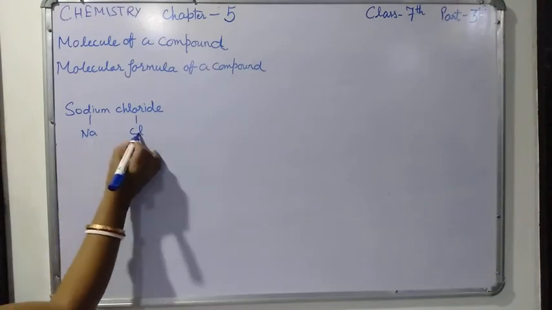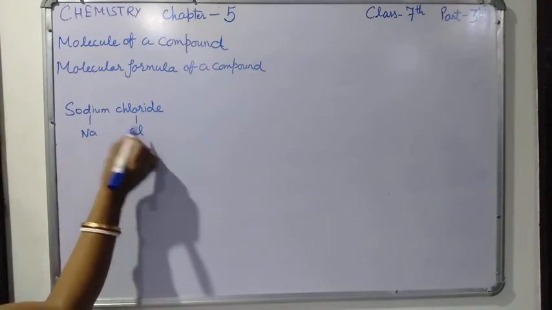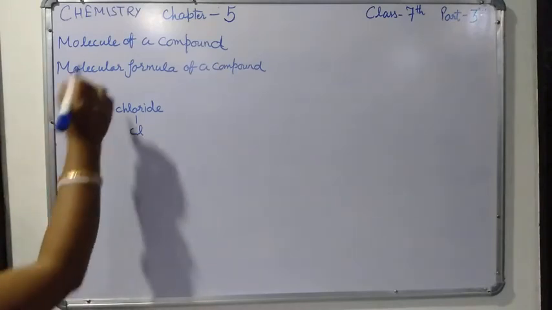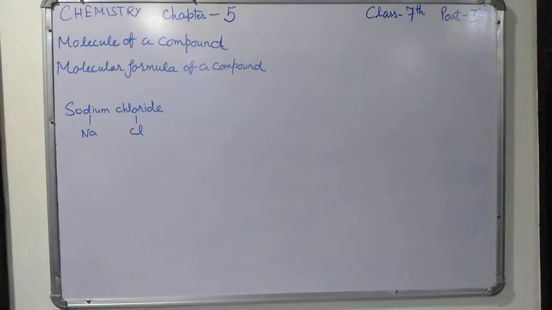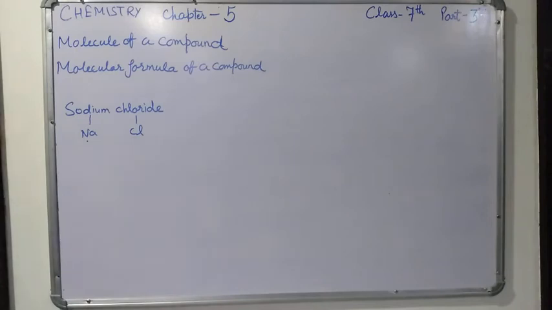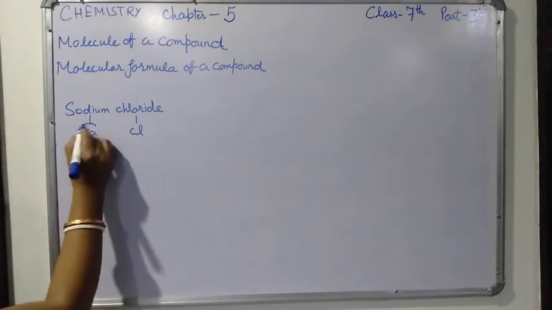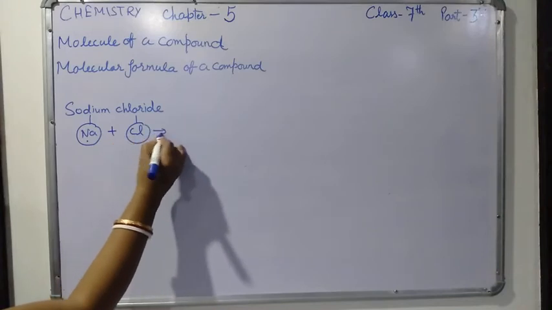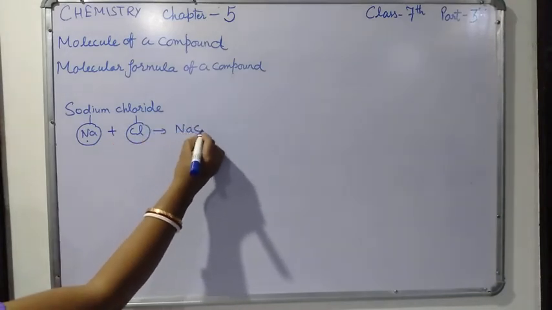So when two different elements, atoms are combining together, they form a molecule of a compound. Sodium chloride is a compound made up of two elements, sodium and chlorine. One atom of sodium combined with one atom of chlorine to form one molecule of sodium chloride.